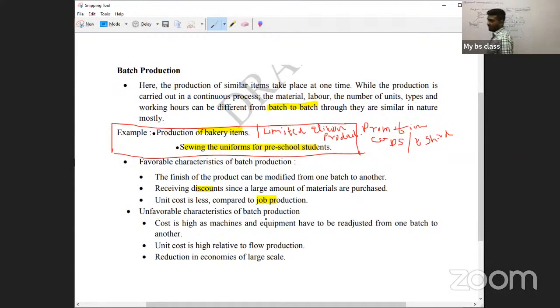Right guys, I'll give another 2 minutes for this. Then shall we move to our final production method, flow production. This is the method used most of the time.